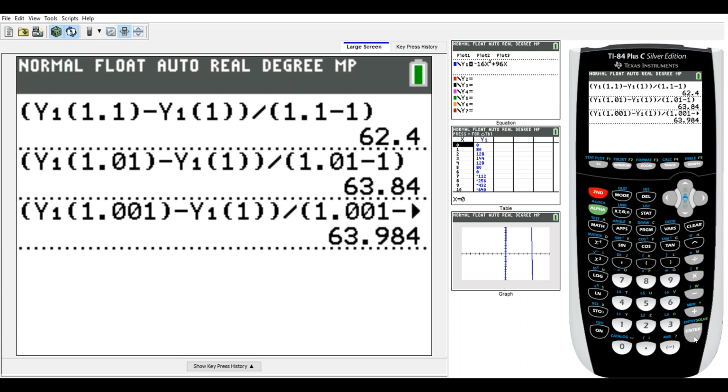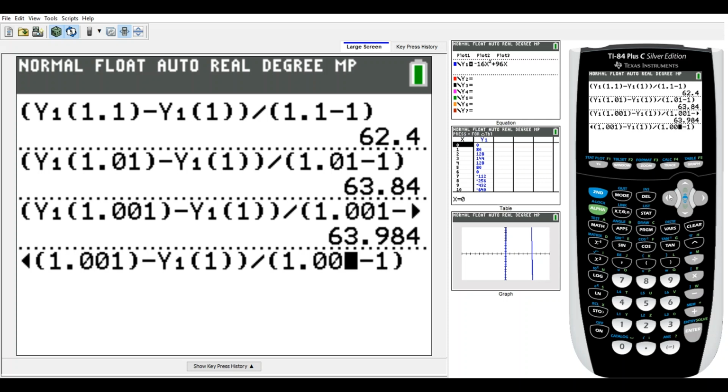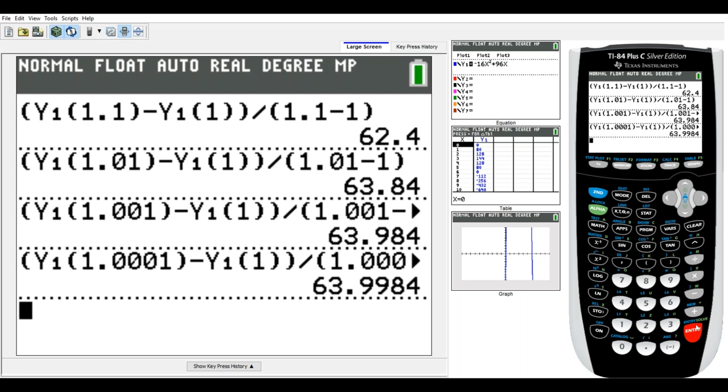And I'm going to do one more. So second insert, 0 there. There we go. And you can see it just added another 9 there. And so you could imagine now, every time we add another 0, this is going to have another 9 here. So this is going to get closer and closer and closer and closer to 64.